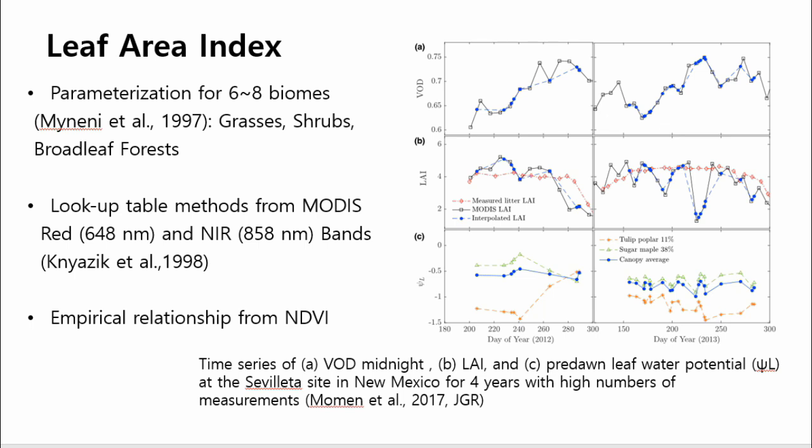Like they divide into grass, shrub, broadleaf and so on, and then they try to parameterize the pixels differently by those biomes. So they use a lookup table approach.